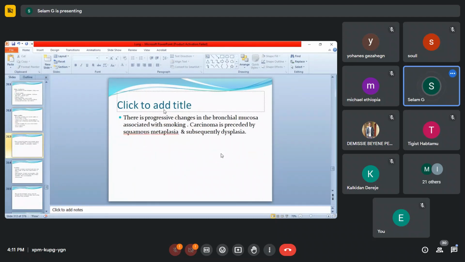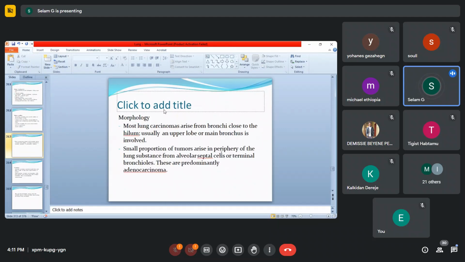lung cancer. There is a progressive increase in the bronchial mucosal changes associated with smoking, and progressive changes in the bronchial wall. Carcinoma is preceded by squamous metaplasia and subsequently dysplasia. Most lung carcinomas arise from the bronchi close to the hilum.